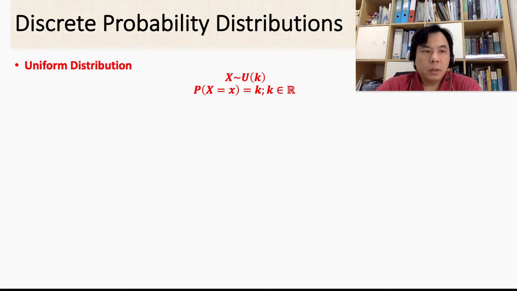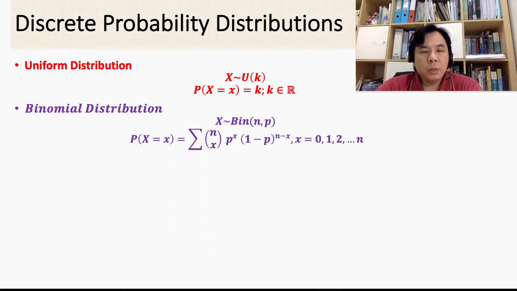Right. Now the next one would be the most famous distribution, the binomial distribution. Binomial distributions can be written in the following notation. X is any discrete random variable that can be modeled using a binomial distribution, having a number of trials n and probability of success p.